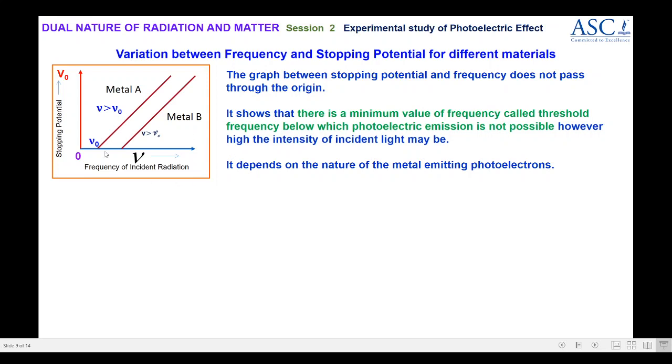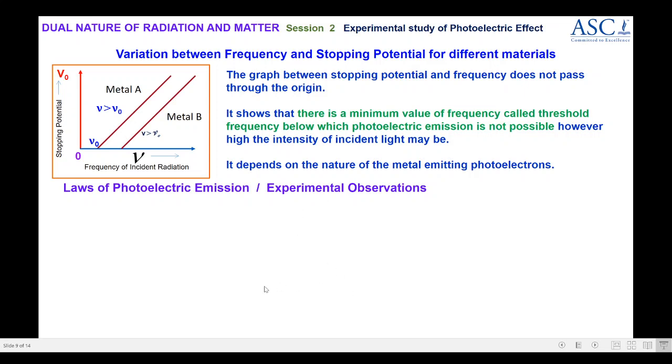So this minimum value is called the threshold frequency, and this threshold frequency depends on the nature of the metal emitting the photoelectrons. So if you can observe the threshold frequency, it is different for metal A and metal B. So these were few important observations made during the experiment of photoelectric effect.